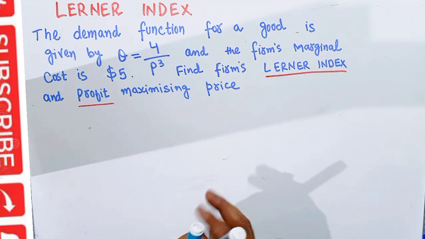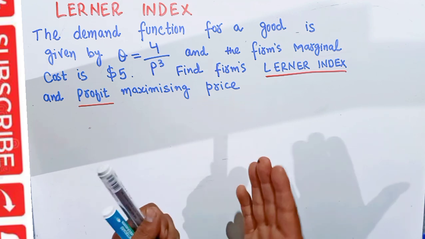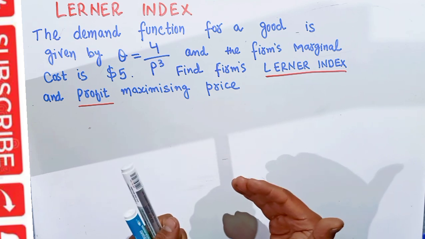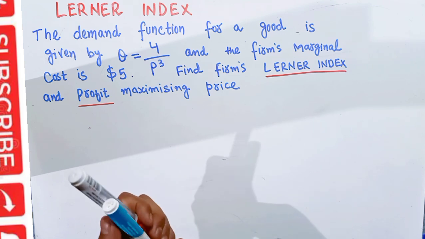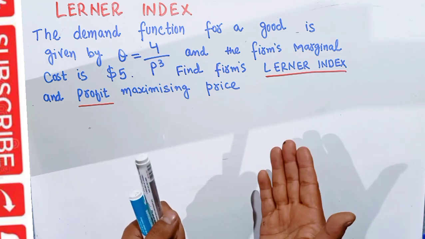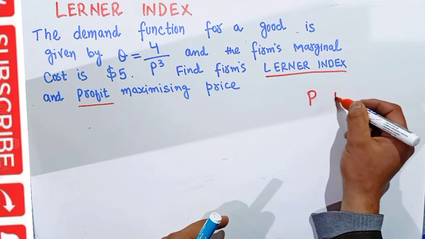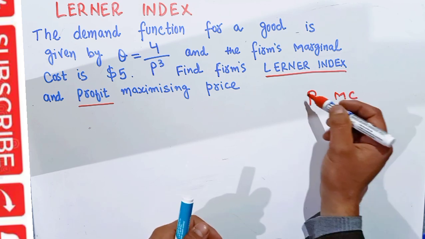By Lerner index, what we mean is, Lerner index measures the percentage markup that a firm is able to charge over its marginal cost. It is a measure of monopoly power, and monopoly power is given by the difference between the price and marginal cost at the profit maximizing level.